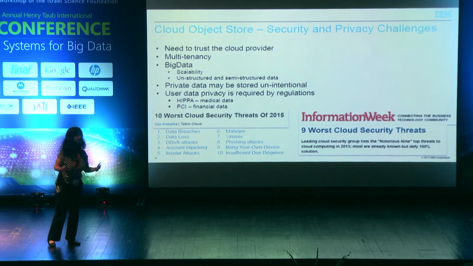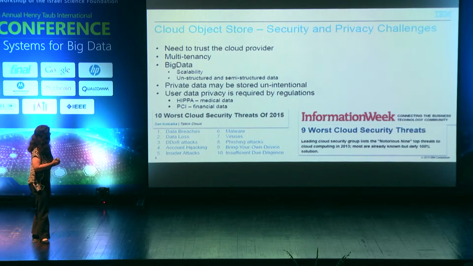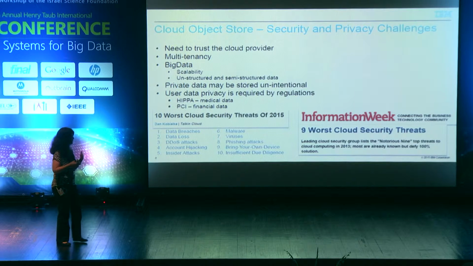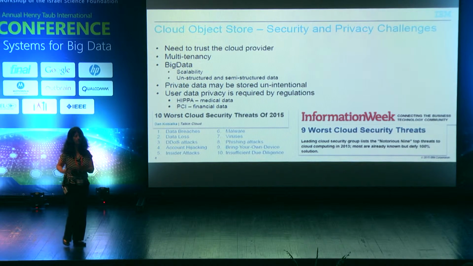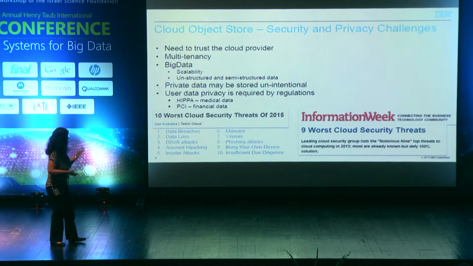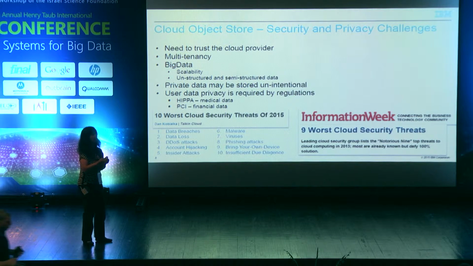Of course, there is big data. It's very problematic to somehow manage and secure our data. There are problems that private data is sometimes stored unintentionally. For example, you have an automatic backup of your mobile phone in your cloud. Sometimes you have some private pictures, and they go to the cloud as well. There are today privacy regulations that you must follow. So people are afraid of using the cloud.